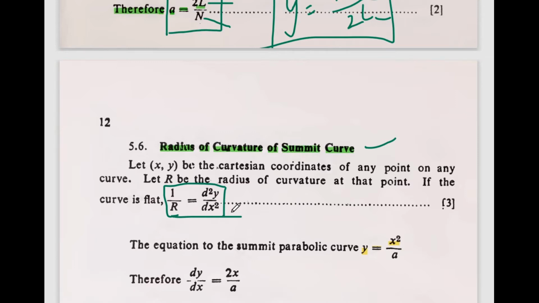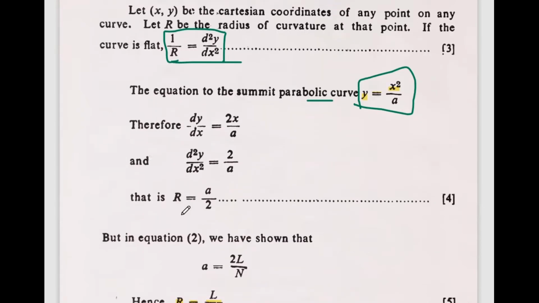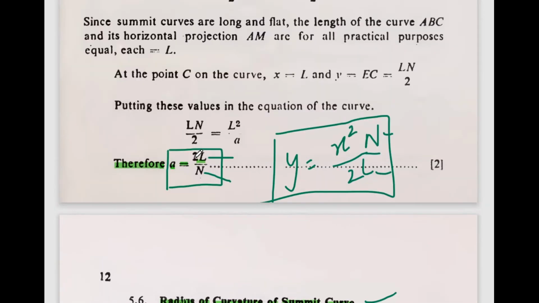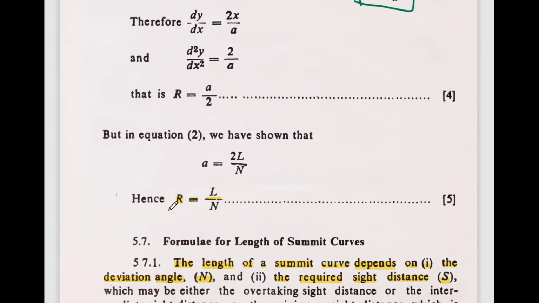The inverse of the radius of curvature equals the double differentiation. When we double differentiate the equation of the parabola, we can equate it with 1 by r, and what we get is r equals a by 2, and here the value of a was 2l by n. So here we get the value of r, the radius of curvature.